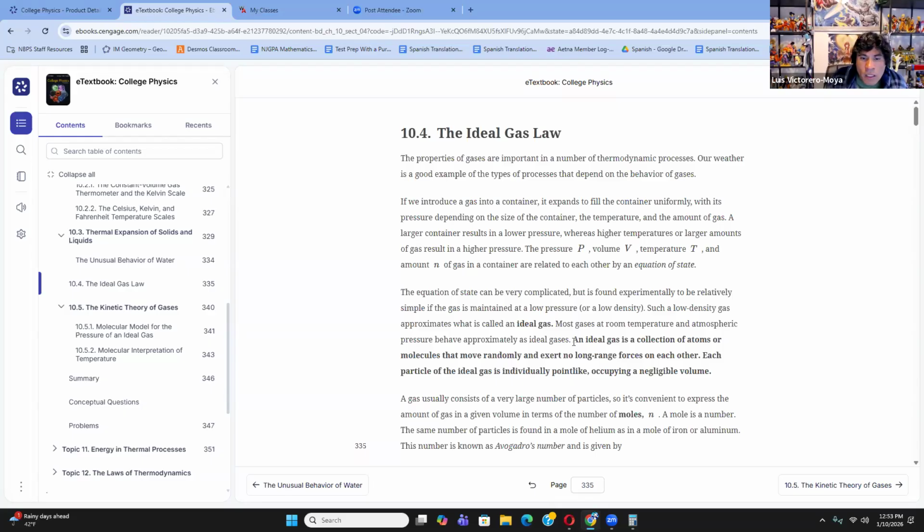All right. So just so you know, an ideal gas is a collection of atoms or molecules that move randomly and exert no long-range forces on each other. And also, I must add, the collisions among them are elastic. So there is no loss of energy. All of the collisions are ideal, so there is conservation of both energy and momentum.